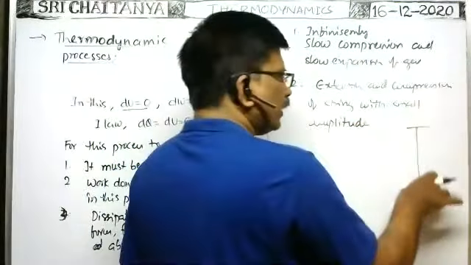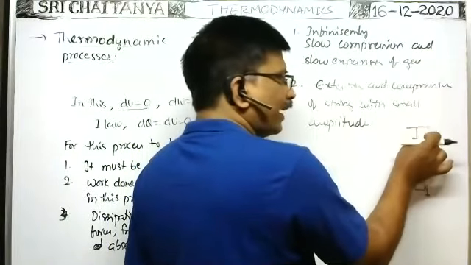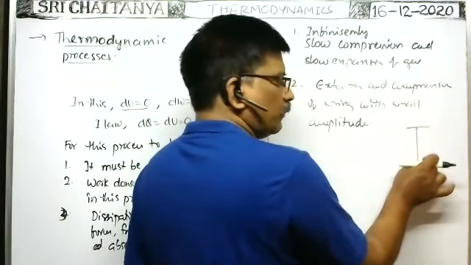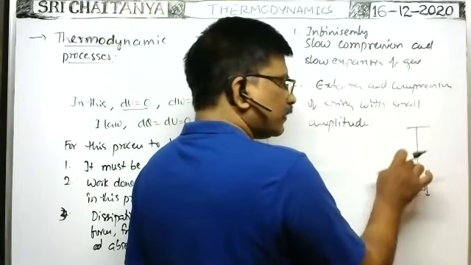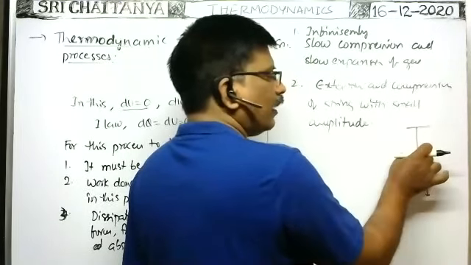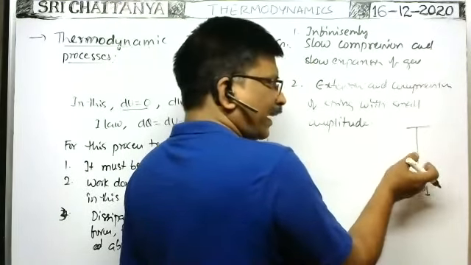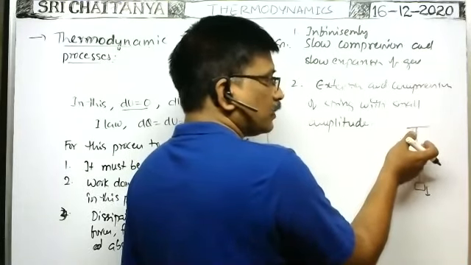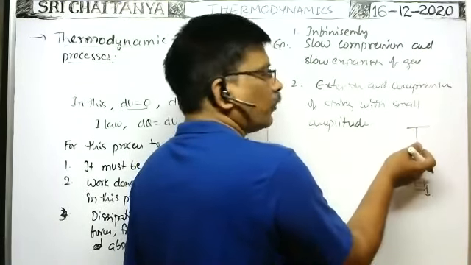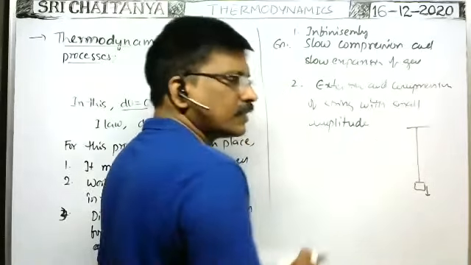While coming down, some work is done against the attraction forces among the atoms of the string. While coming back, because of that attraction force only, the energy stored in the string is used to move the block upwards. So there is no loss of energy in this case.